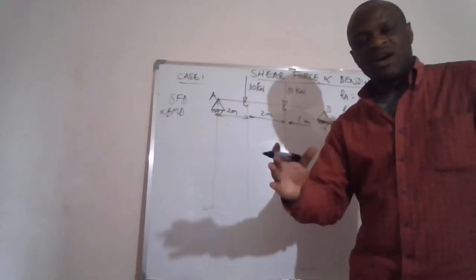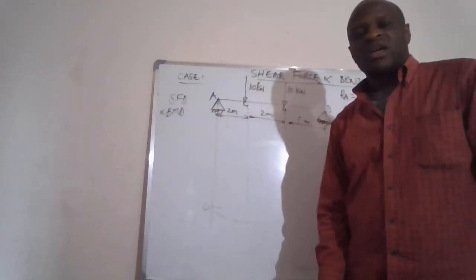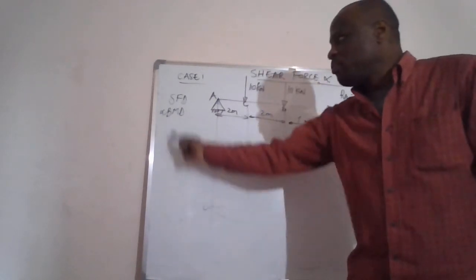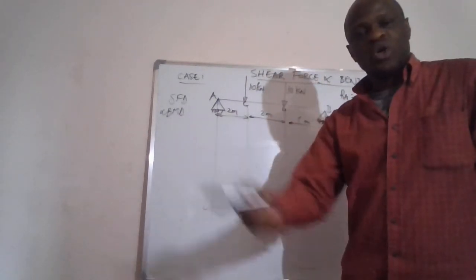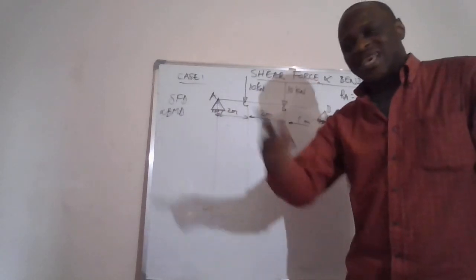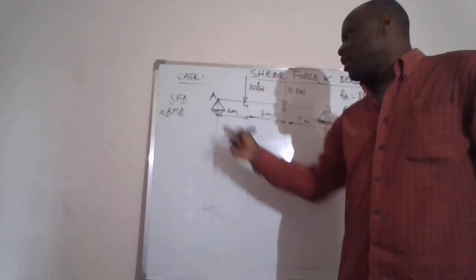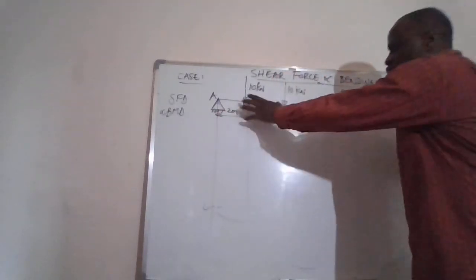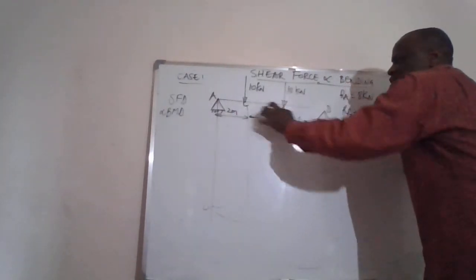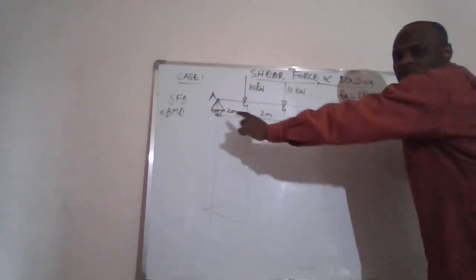Because failure of beams will always take place through shear effect, or shearing off of the beam, or through the bending effect, or excessive deflection of the beam, which is normally the bending. Now, in this case, this is what we are given: the beam loaded at C and D with point loads, a simply supported beam, as you can see.